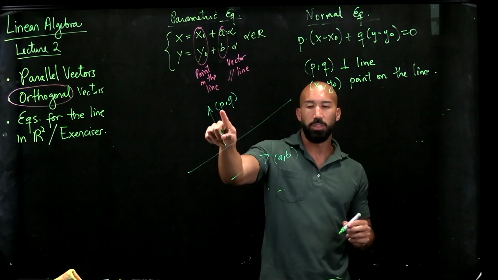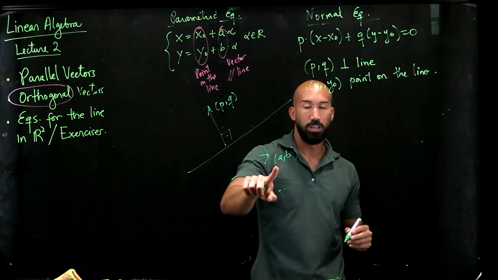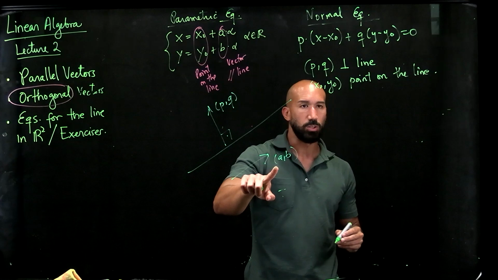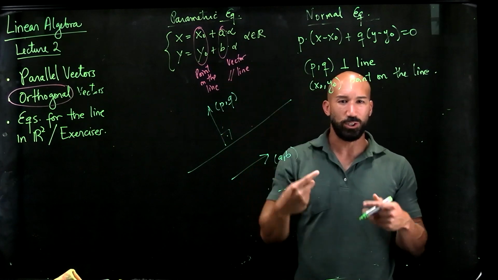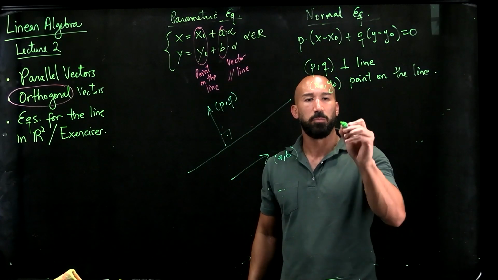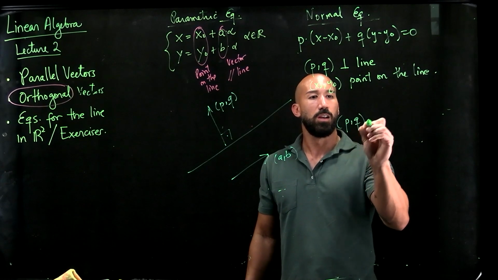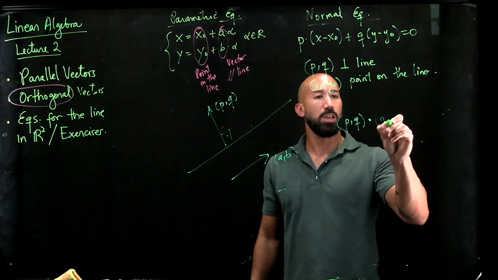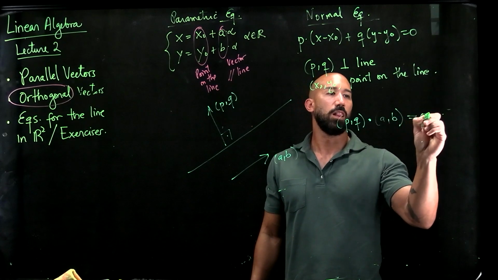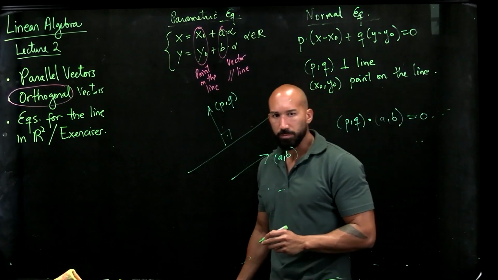Is that okay? This vector needs to be orthogonal to this one. So in the case that these two equations are describing the same line, PQ dot product AB is 0. Is that okay?